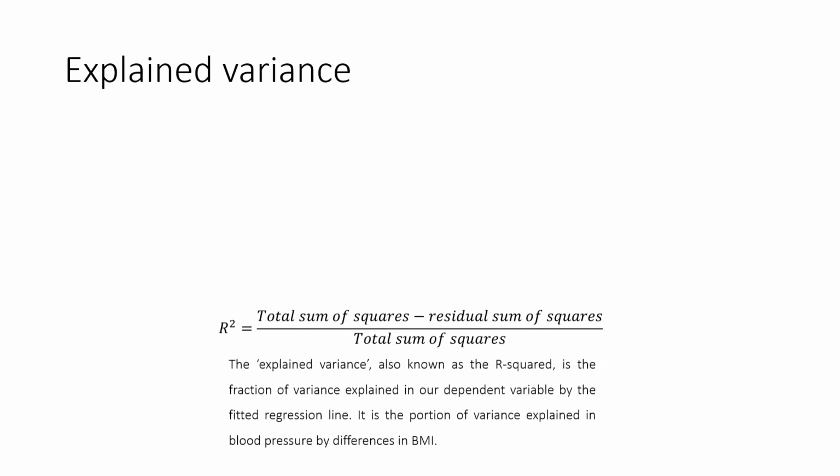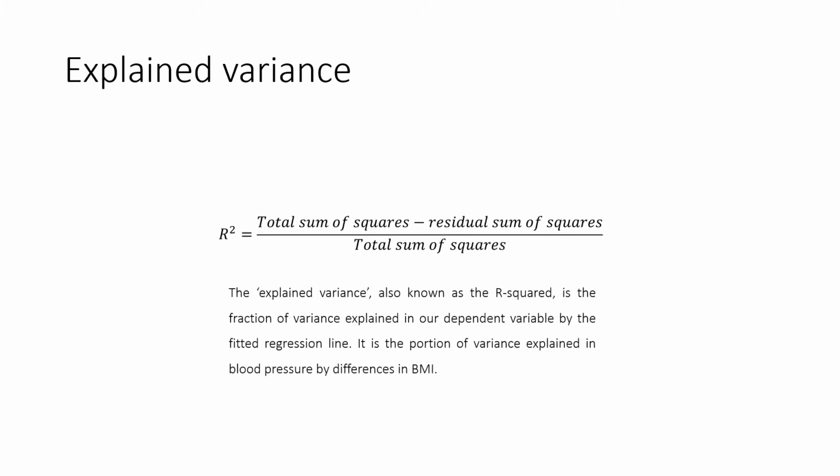Now, the last thing that we need to do is, of course, what proportion of variance has been explained by adding BMI. We can easily do that by relating the total sum of squares that we calculated at the beginning with the residual sum of squares. And we can do that by something called the R squared, or the explained variance. It's the fraction of variance explained in our dependent variable, blood pressure, by fitting the linear function, the regression line, to the data points.